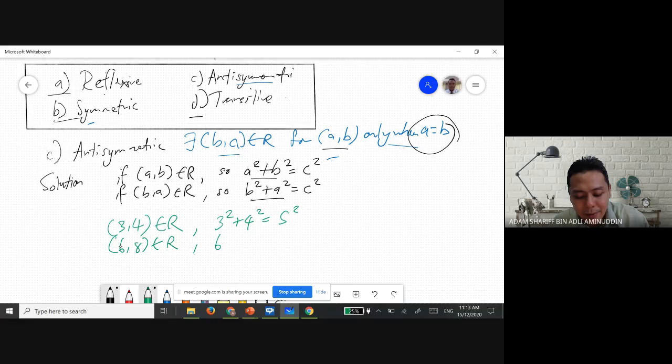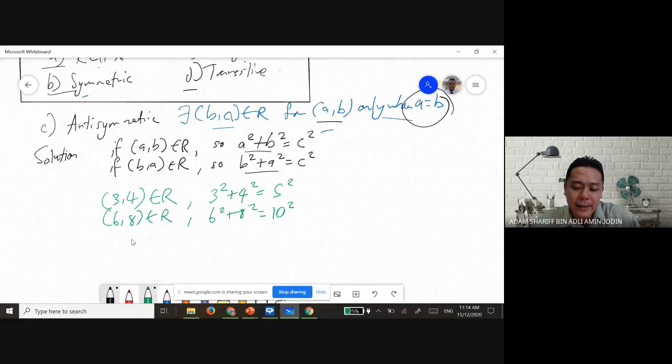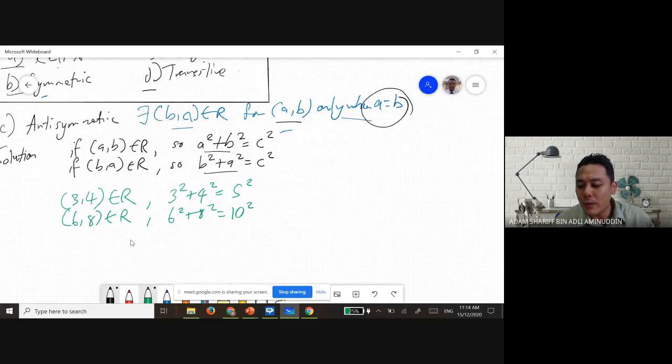Ada. Sebab 6 squared plus 8 squared equals to 10 squared. But the problem right now I try to tackle is that only when A equals to B. Alright, dalam kes ni A equals to B, ini yang menjadi masalah. Okay, saya gunakan counter example saya 3, 4.